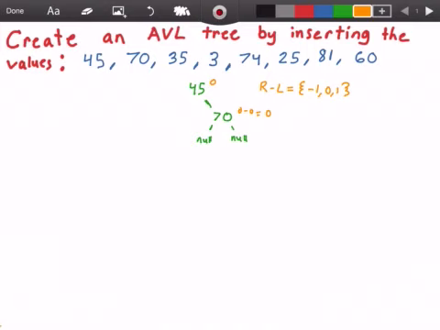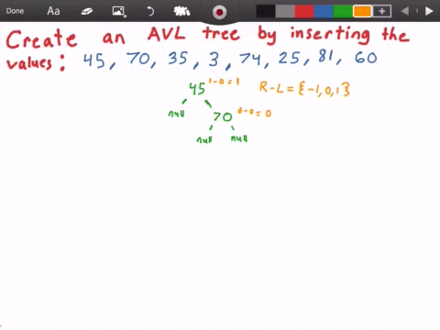Now, what's the balance factor for 45? Let's erase the old balance factor and calculate the new one. Well, the left subtree of 45 is null, and the right subtree is 1. So we get 1 minus 0, which equals 1.